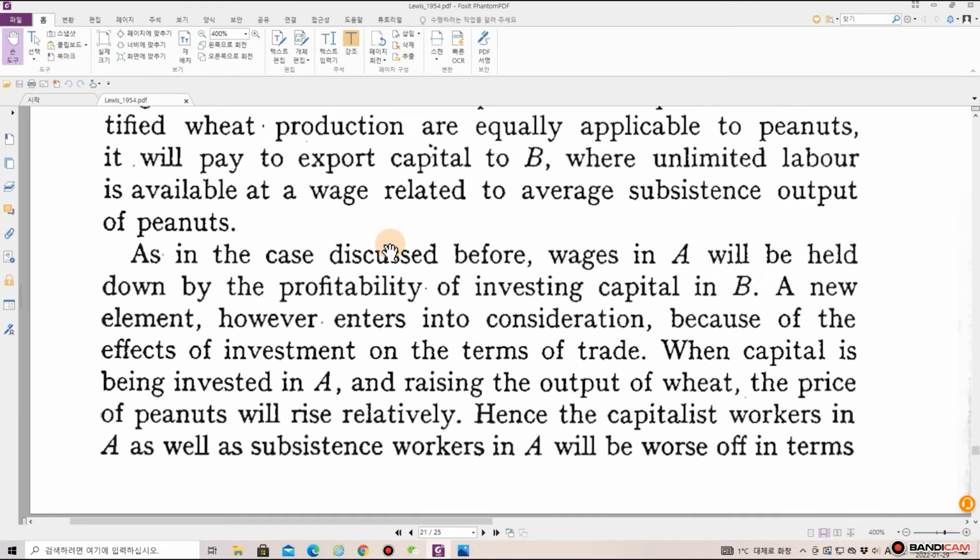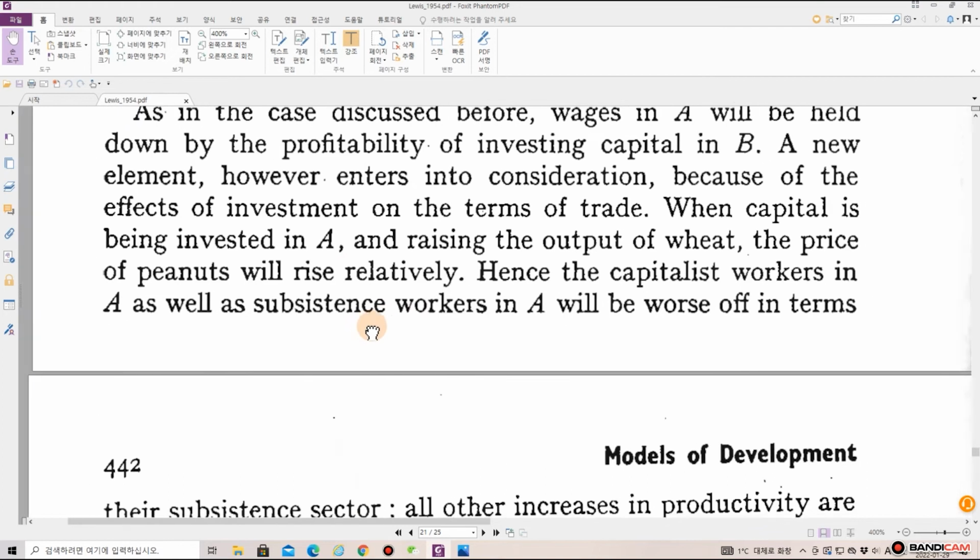As in the case discussed before, wages in A will be held down by the profitability of investing capital in B. A new element, however, enters into consideration because of the effects of investment on the terms of trade. When capital is being invested in A and raising the output of wheat, the price of peanuts will rise relatively.